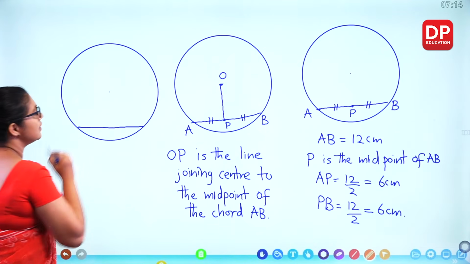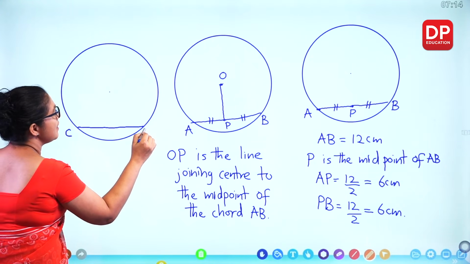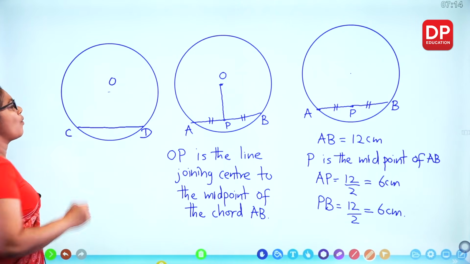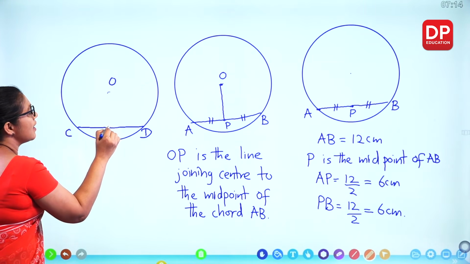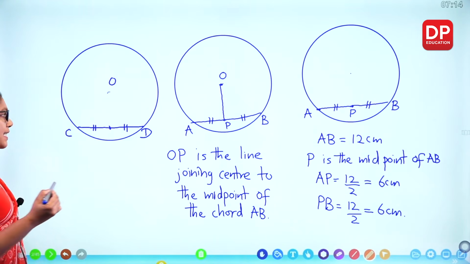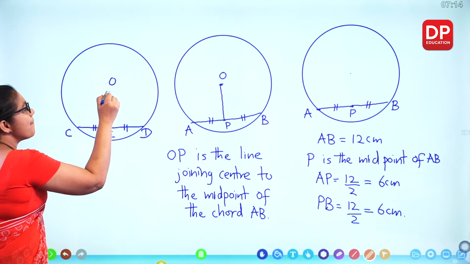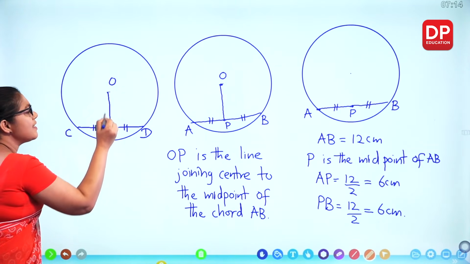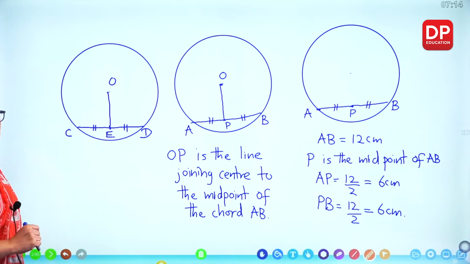Now we'll take another circle. Again we'll draw a chord CD. This is the center O. Now when you connect the center to the midpoint of this chord CD, we'll take it as E. There's a property here. This line and this line become perpendicular.